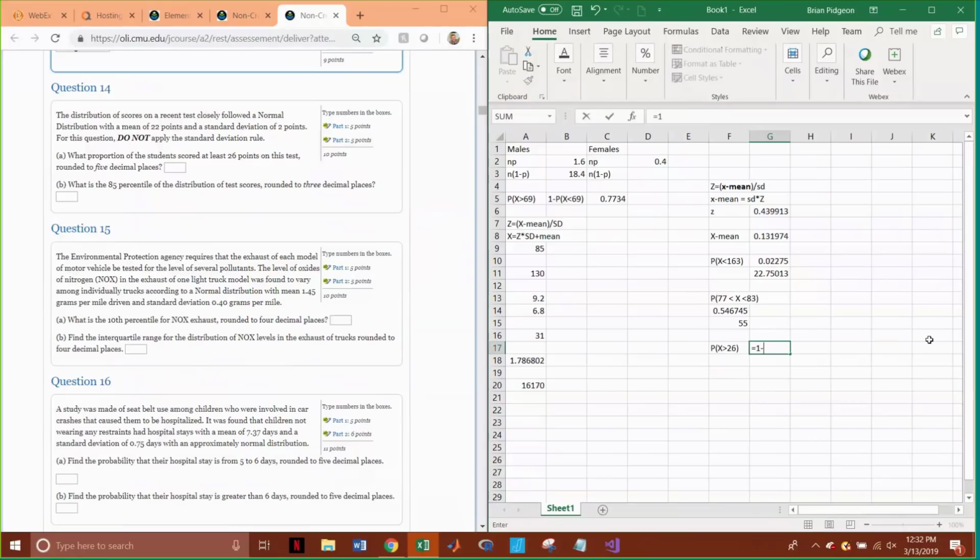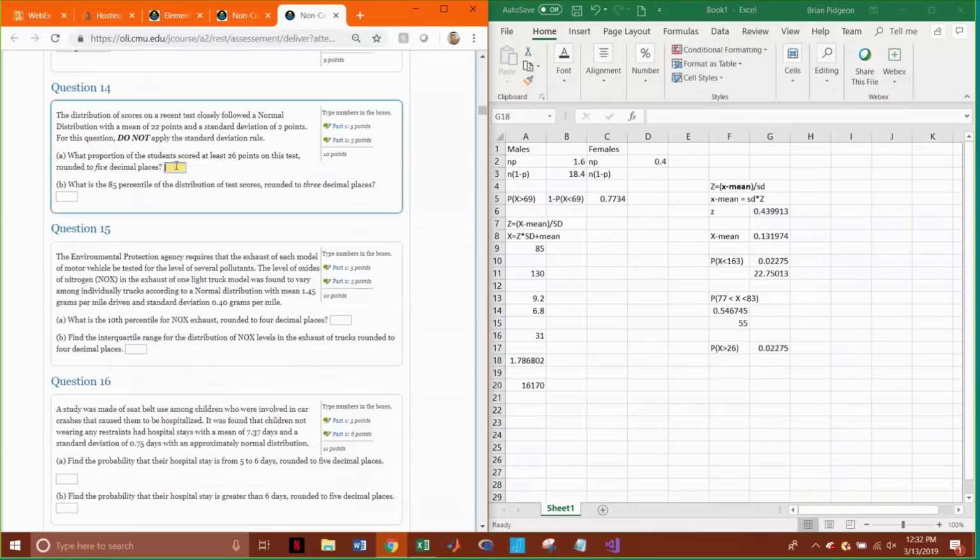So we're going to do 1 minus norm dist and do 26 as our X. Our mean is 22, our standard deviation is now 2, and the cumulative is always 1. So just be careful. When we do greater than probability distribution calculations, we need to do 1 minus. And so our probability to 5 decimal places, it's given to us already, 0.02275.